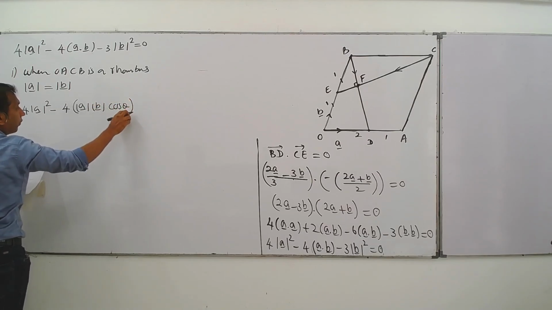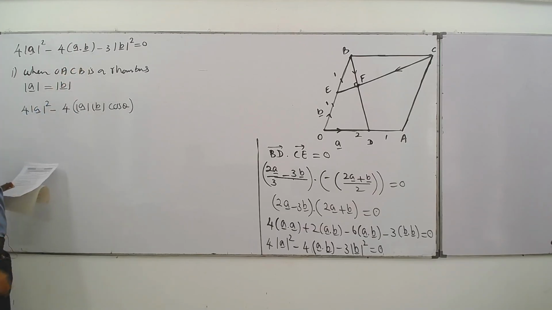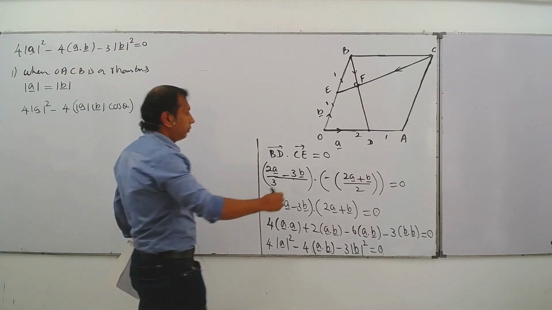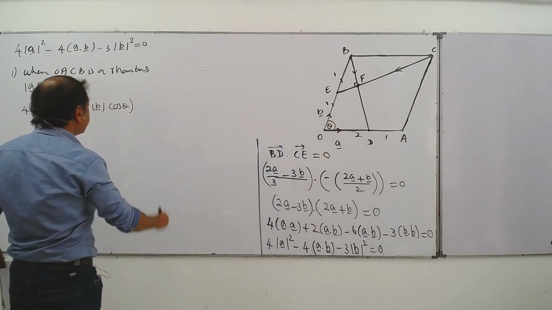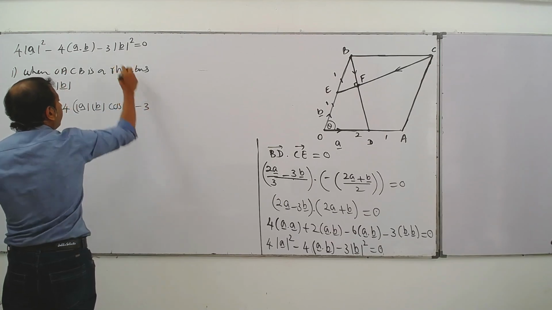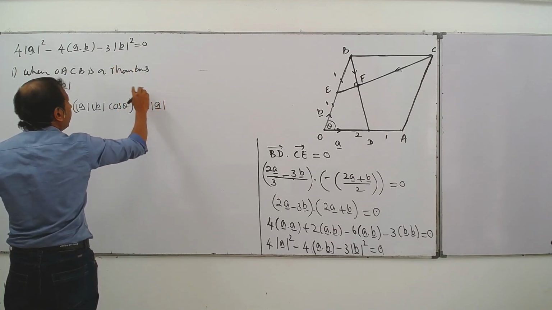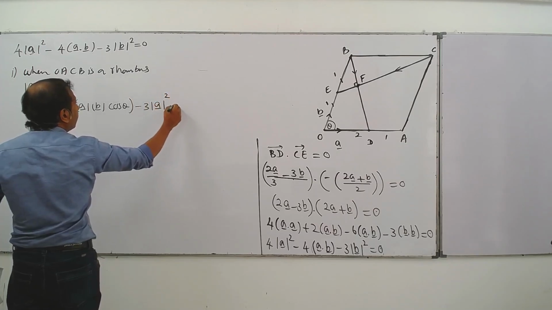What is this theta? Between the two vectors A and B, the angle, that is this angle. Minus 3 mod B means mod A, because mod B and mod A are equal, no? This way.